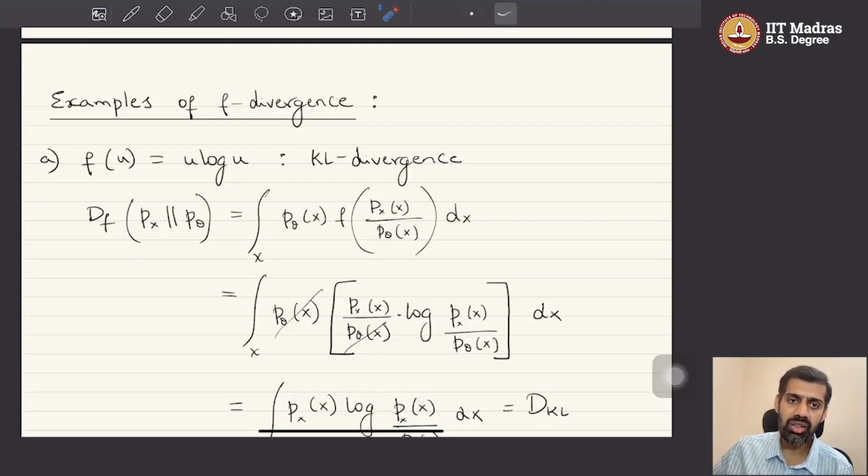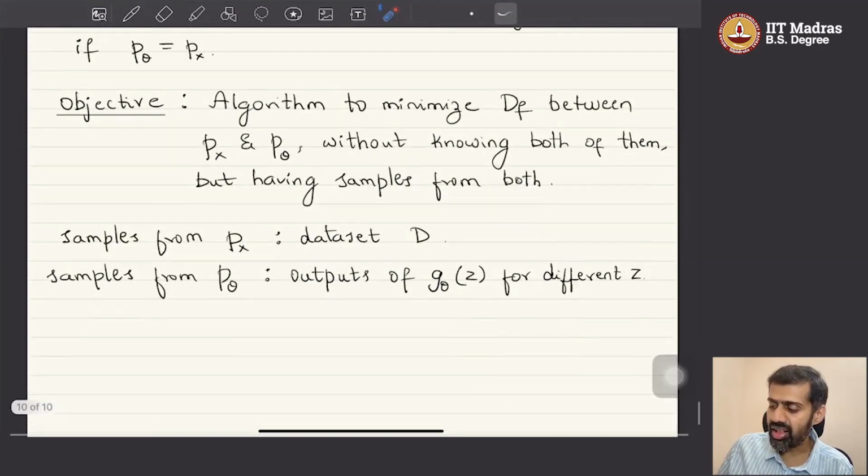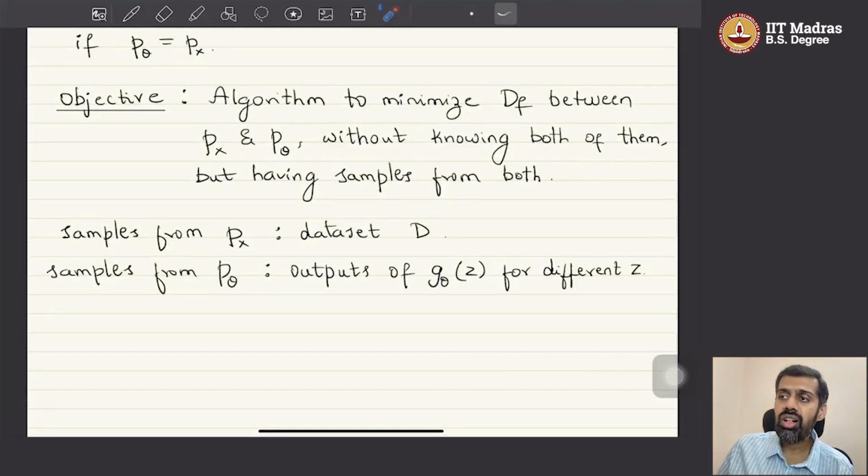You have to integrate over each of the dimensions separately, and a multi-dimensional integral with very high dimensions is practically impossible to compute. So the question is, without having access to p theta and Px, and with very high dimensional data, how do we solve this optimization problem involving the divergence metric?